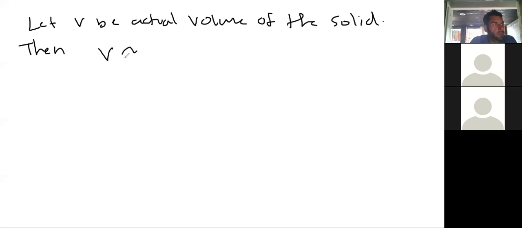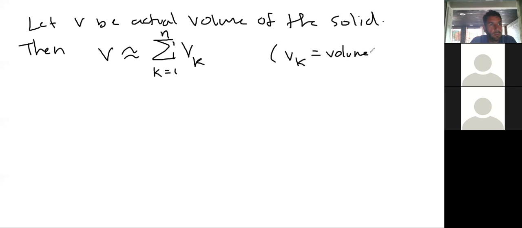Then V is approximately the sum of all the pieces. We'll call V sub k, k goes 1 to n. So here, V sub k is the volume of the kth shell. That's what we just showed you how to compute.